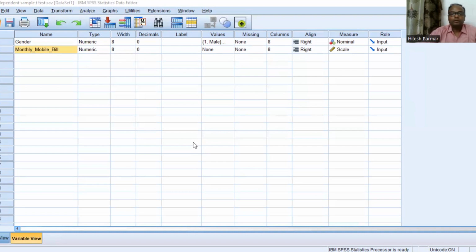But yes, maybe 70 to 80% of the data are very near to normality. You can observe the columns which are gradually increasing and then decreasing also. Right. So with this data, we can consider it approximately normally distributed data.